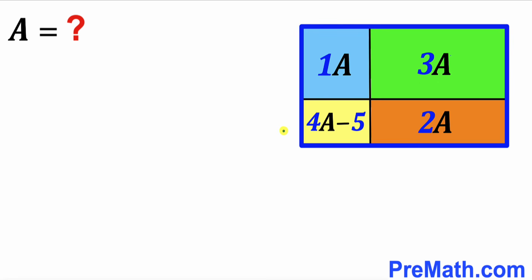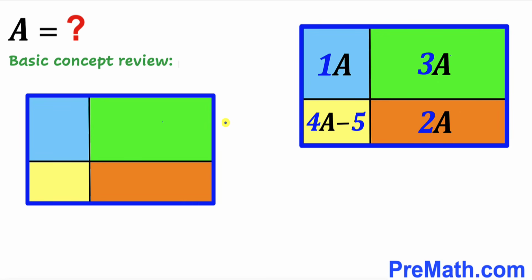Let's go ahead and get started. Here's our very first step. Since we are interested in finding the value of uppercase A, before we find it, we are going to go over a basic review. Let's focus on this blue rectangle that consists of 4 smaller rectangles.